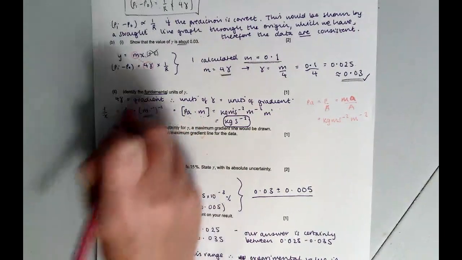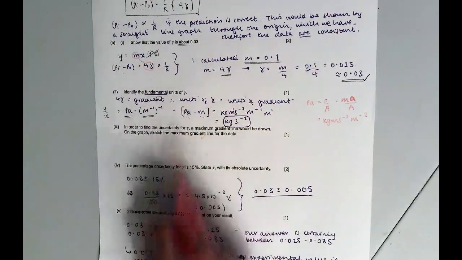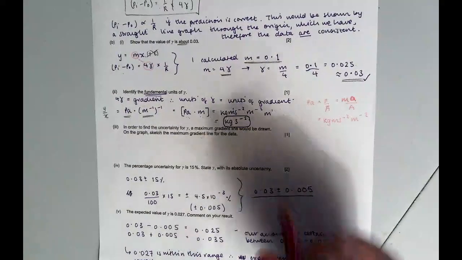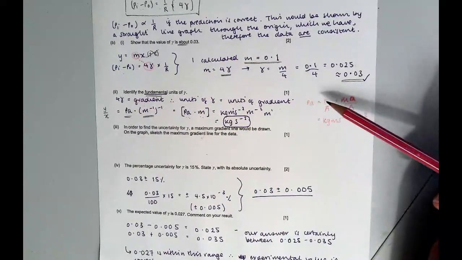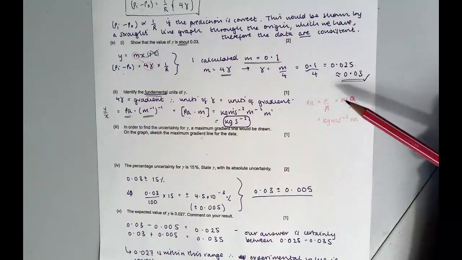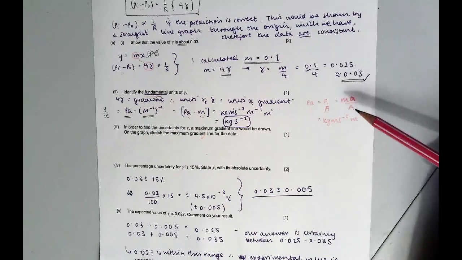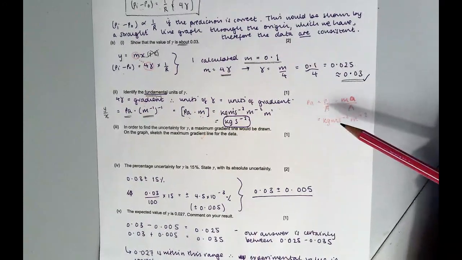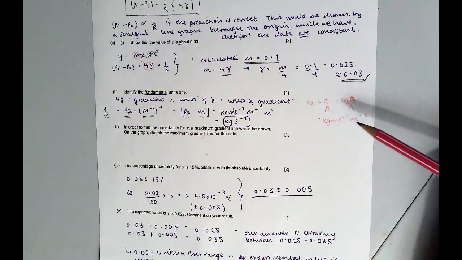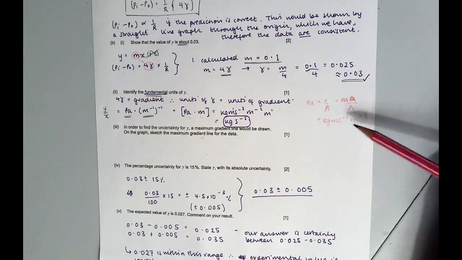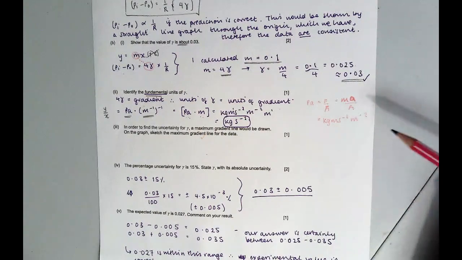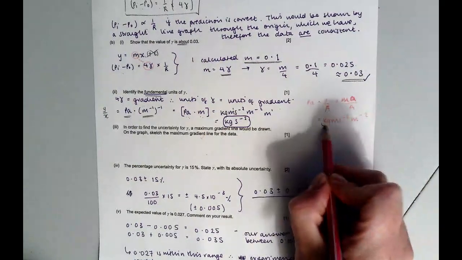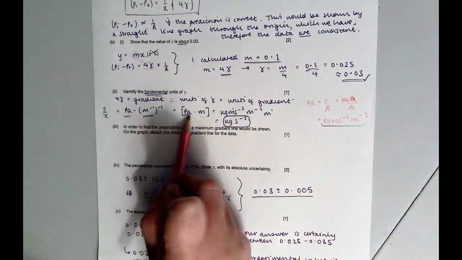But it asks for fundamental units, and Pascal is not a fundamental unit. I know that Pascal is the unit of pressure, which is force over area, which is mass times acceleration over area. Mass is kilograms, acceleration is meters per second squared, over area, so that's over meters squared. So I can sub this bit in for the pascals here.